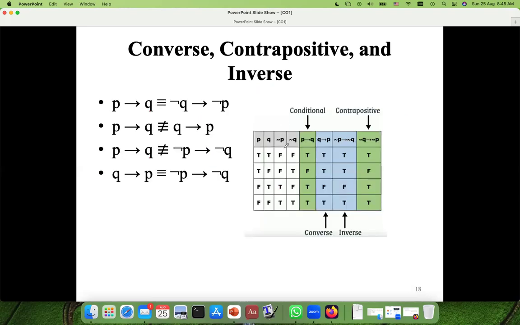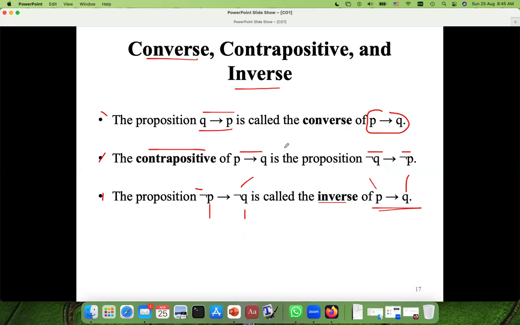And now have a look at this truth table and its effect. If this is the converse, this is the contrapositive, and this is the inverse, and I ask you to make a truth table for these one by one, the first thing you have to do is count the variables.